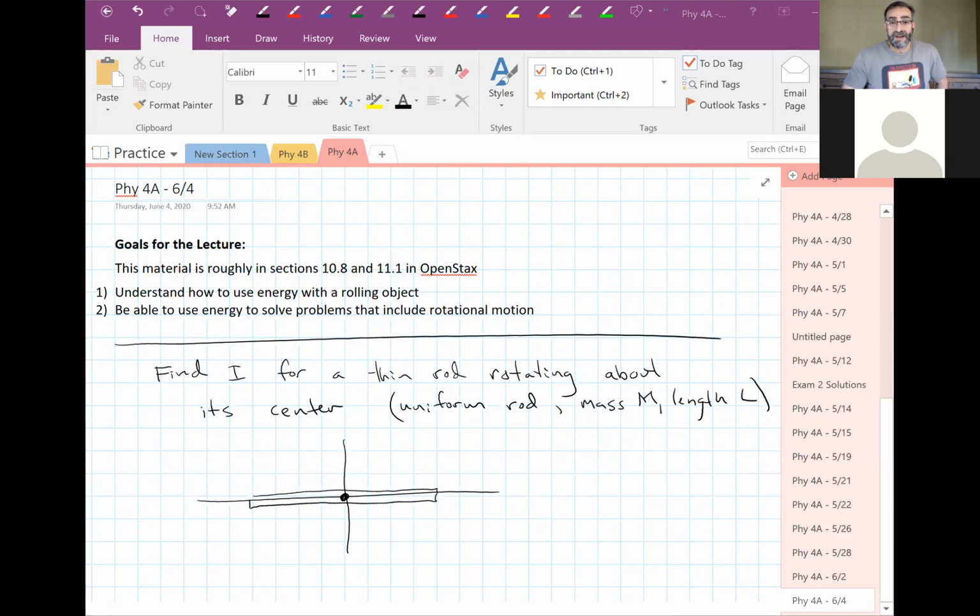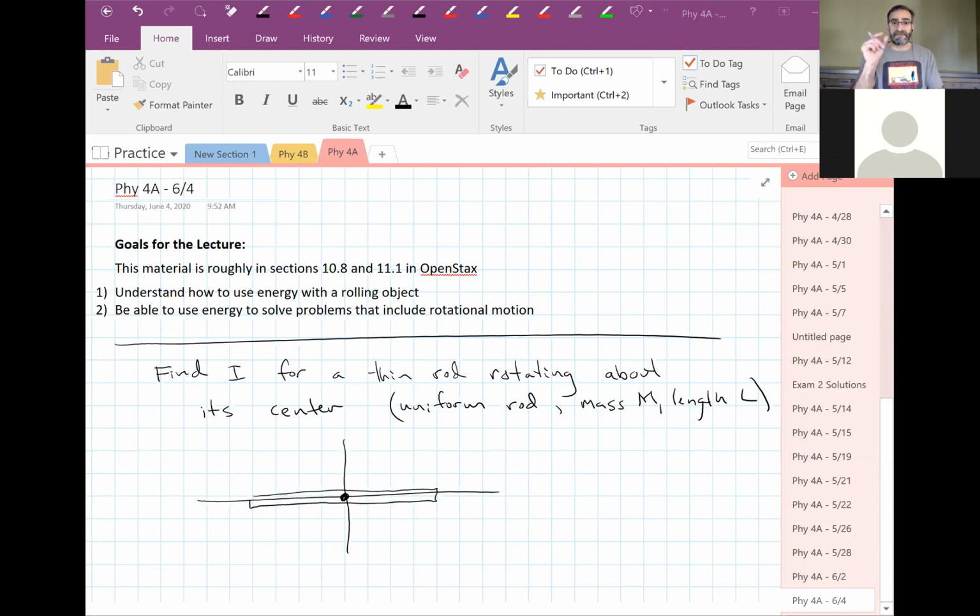Last time we left off, we were finding the rotational inertia of a rod rotating about its endpoint. And we said, let's go ahead and find it now for that same rod rotating about its center point. We've learned this technique where we can integrate over the rod to find the rotational inertia. We do this a lot in physics.